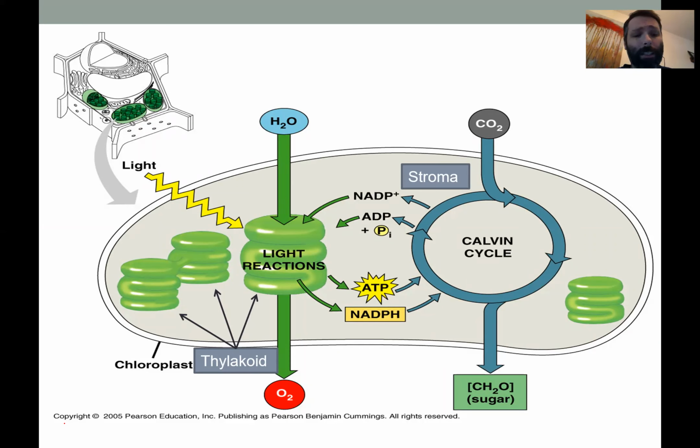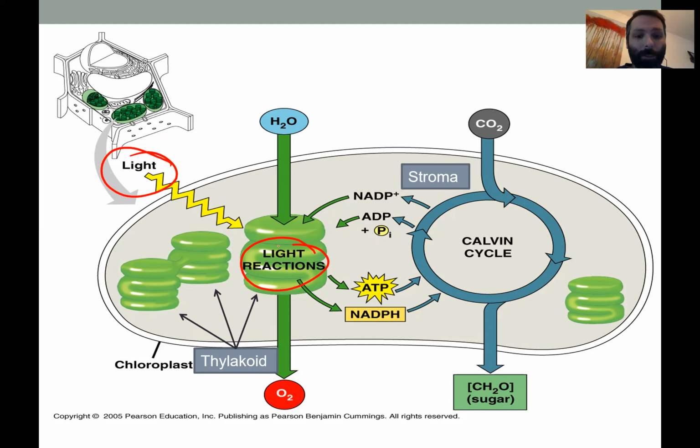If you can explain what's happening in this picture, then you are well on your way to having all the information. There's, of course, more specific details, but these are the main ideas if you can explain this whole thing. So, of course, the whole process starts with light. That light energy is needed to perform something called the light reactions. The light reactions happen on a thing called the thylakoid, right, which we talked about in the membrane video.